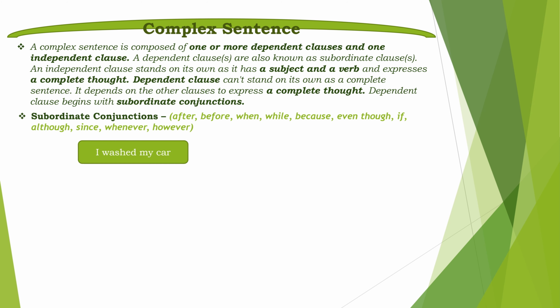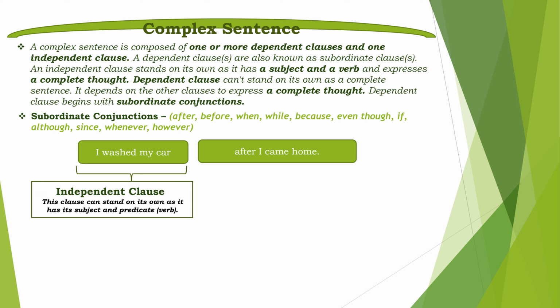I washed my car after I came home. There is no comma in between. The first part of the sentence is called an independent clause, since it has its subject and predicate. It also provides us a complete thought. And then we have a subordinating conjunction, after.